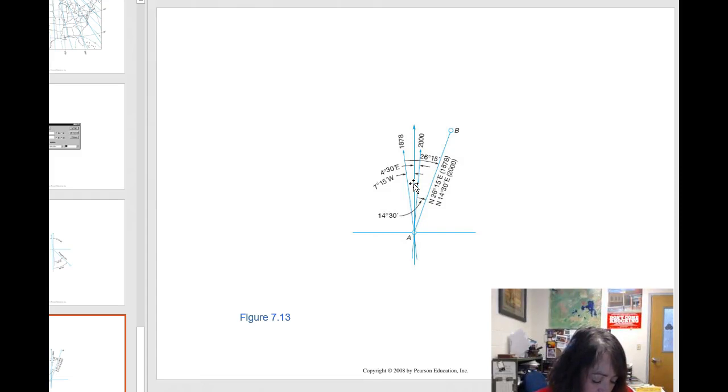So I start with my true bearing and I subtract off the current declination. And I apologize. I'm going to go back. The declination originally, I wrote down the 4:30, but it was 7:15. So I'm going to take 26 degrees 15 minutes, and subtract from that 7 degrees 15 minutes to the west.